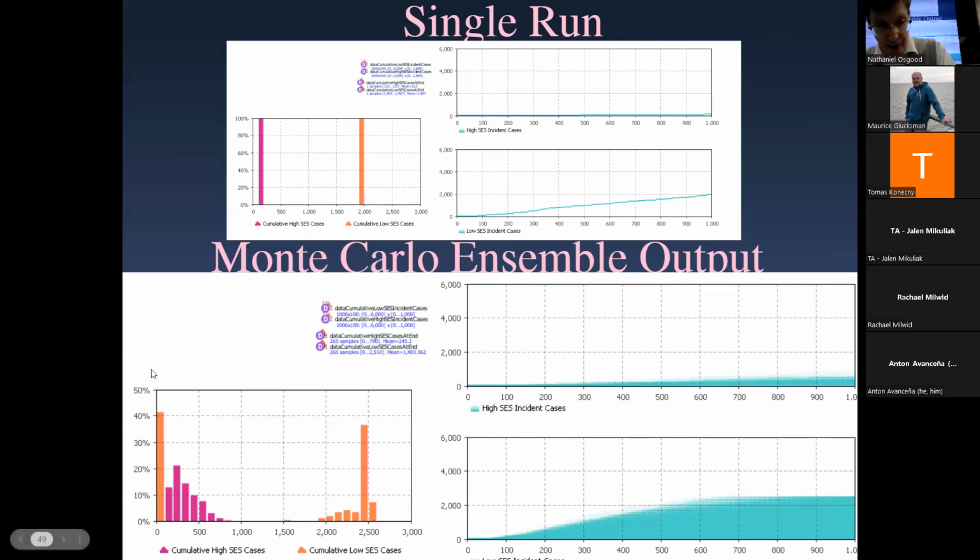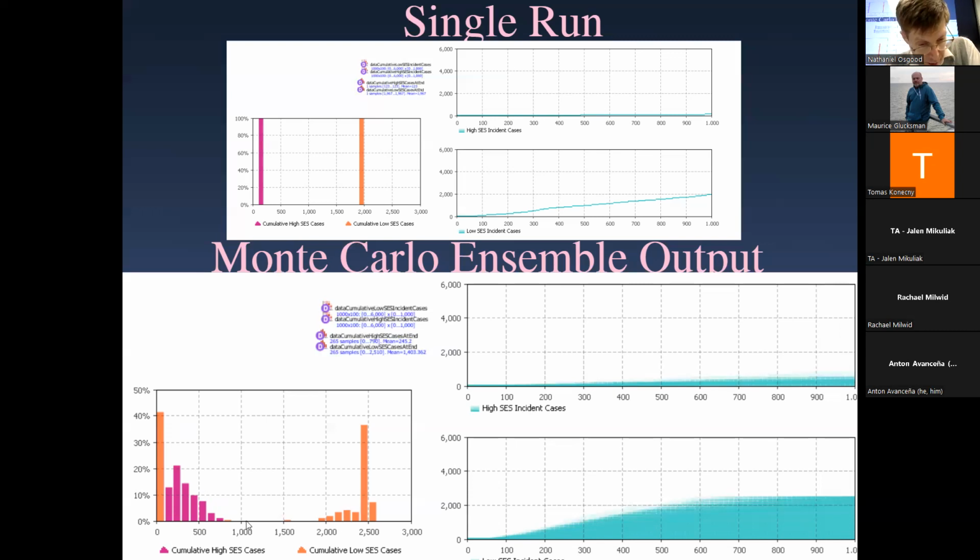So maybe we'll see cumulative high SES cases tend to be smaller than low SES. These are low SES. By the way, both of these have large numbers here, I think. You can only see the orange one. But I think both are very, very high here. But you'll notice high SES as a general rule tends to be lower.